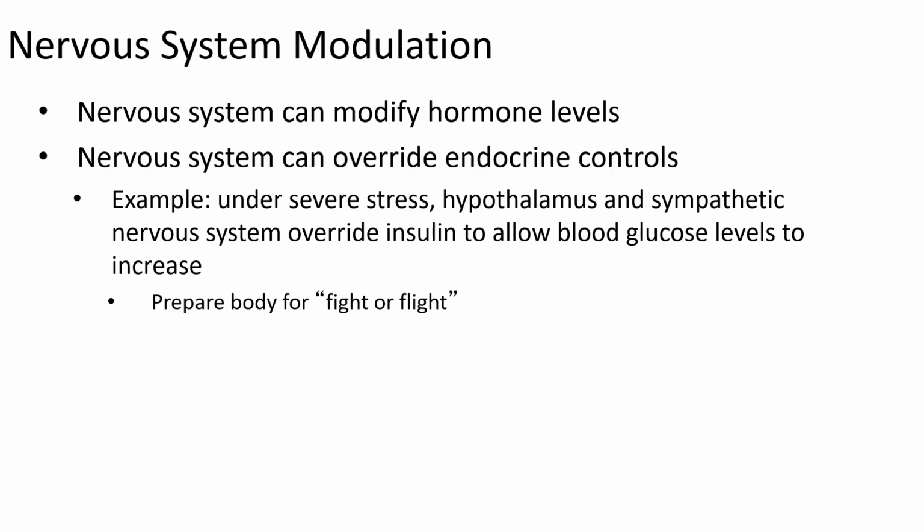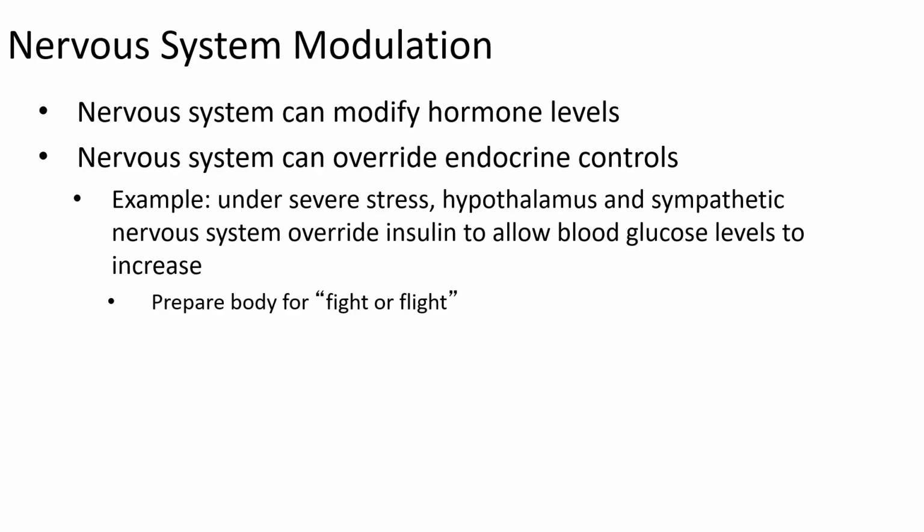I'll give you another situation. When cortisol levels are high, which typically happens when we are stressed, it can cause the brain to override feedback inhibition and trigger more cortisol release from the adrenal cortex, to allow our blood glucose levels to increase. And so that prepares the body for fight or flight because we're under extreme stress.